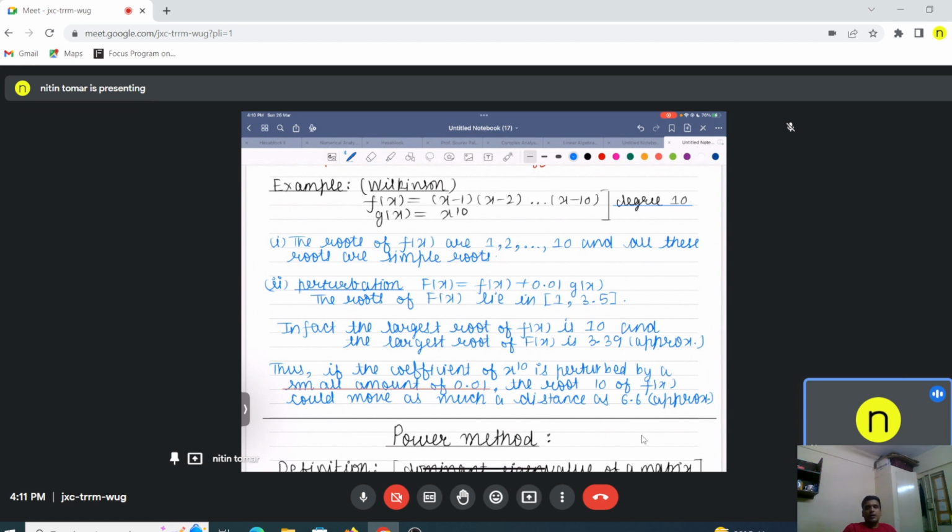Now if you perturb f(x), what is the coefficient of x power 10 in f(x)? It is just 1, right? So you just perturb the coefficient of x power 10 in f(x) by 0.01. So you define a new polynomial capital F(x) as small f(x) plus 0.01 g(x). We saw that even with this perturbation, the roots were at very great distance. For example, the largest root of small f(x) is 10 and the largest root of capital F(x) is 3.39, which are very far apart. So this shows that the roots of a polynomial behave badly even when you add a very small perturbation in the coefficients.